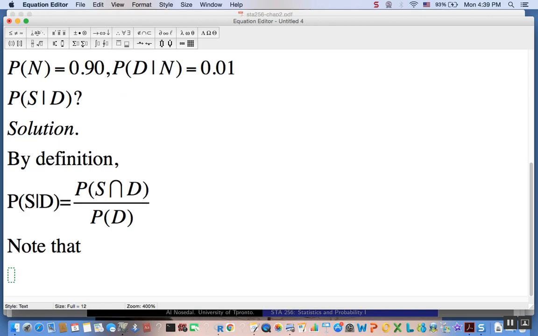Note that the probability of D given S is probability of D and S divided by the probability of S.